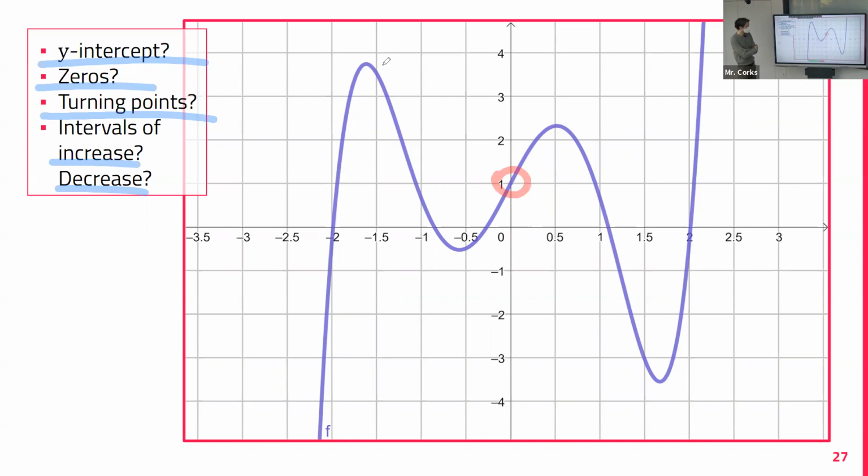5, okay. Tell me where they are. Okay, 2, -2, and just approximately. Okay, so 1, I don't know, like a 1.1 maybe. Okay, like a negative, maybe like a negative 0.25 or something.